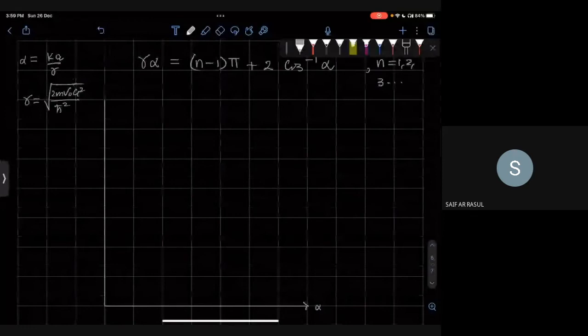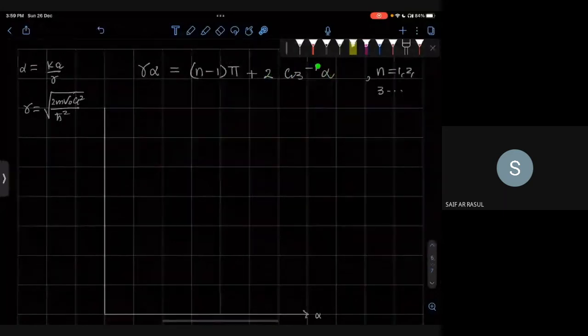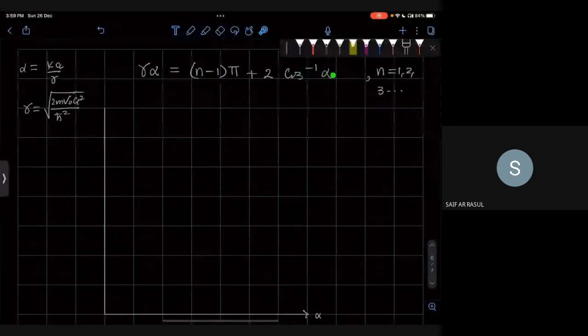In the first one, when alpha is 0, the way this is designed, cosine inverse of 0 is pi by 2, so that means this term is going to be pi.